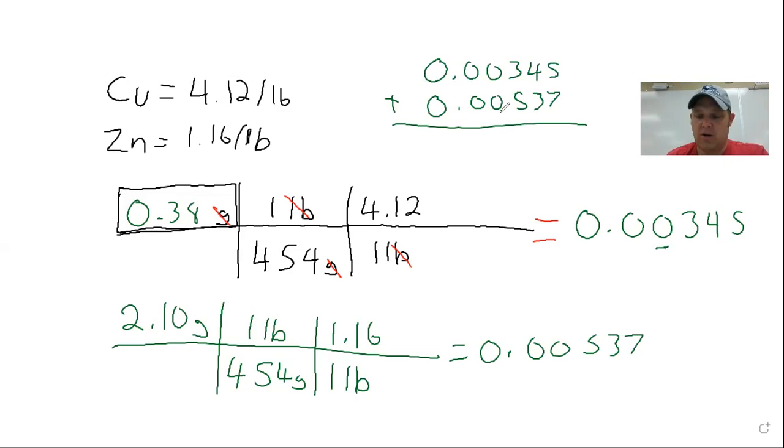We can put this into our calculators or do some mental math, but just to make sure I get the correct number, I'm going to put it in my calculator. And hopefully you get the same thing: the new penny, if we were just to take the raw materials, is just right under a penny.